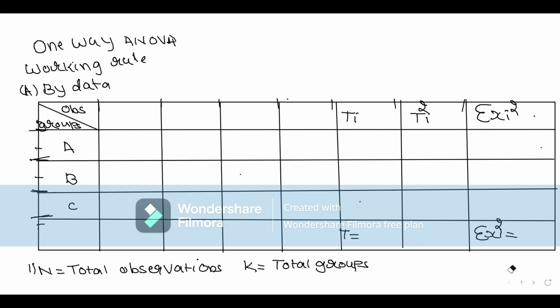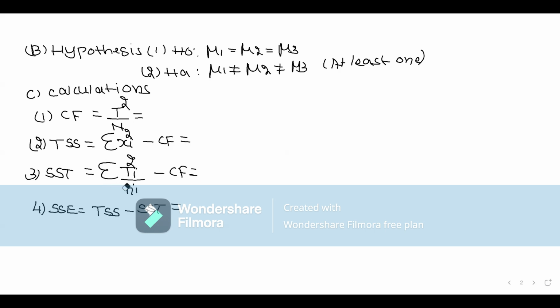That is summation of Ti square upon ni minus CF. CF is already calculated here. Then SSE equals TSS minus SST. The next is the ANOVA table you have to form.